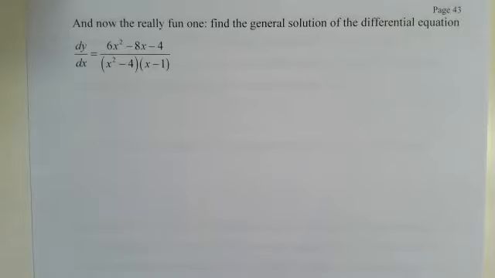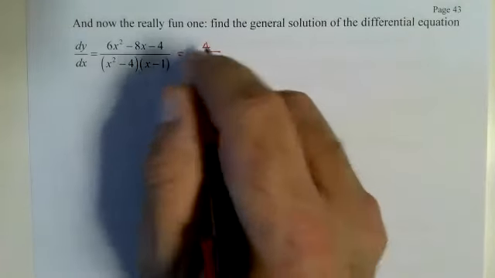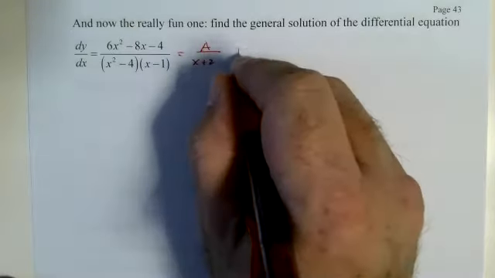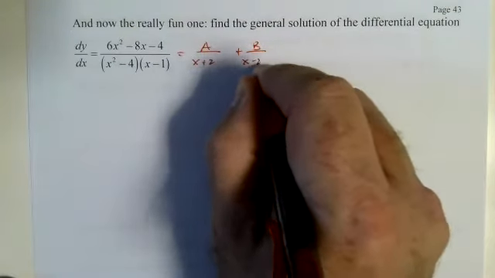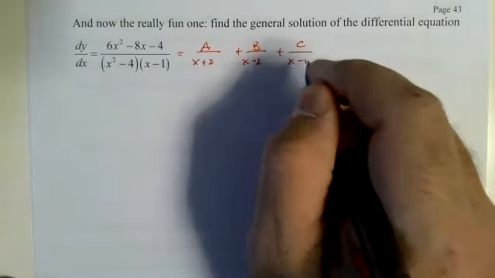Now, oh yeah, 3 roots equals a over x plus 2 plus b over x minus 2 plus c over x minus 1.